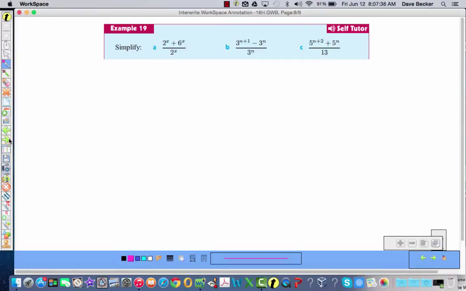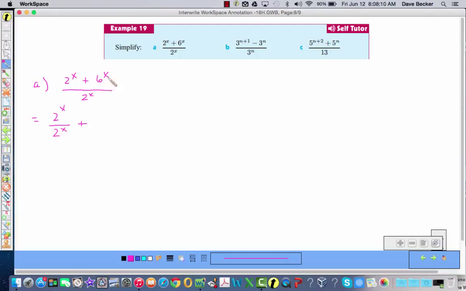Okay, moving on. A whole bunch of examples. Let's simplify here. Let's do A. We have 2 to the x plus 6 to the x over 2 to the x. I can rewrite that as 2 to the x over 2 to the x plus, well, 2 to the x is what I'm simplifying with because it's in the denominator.